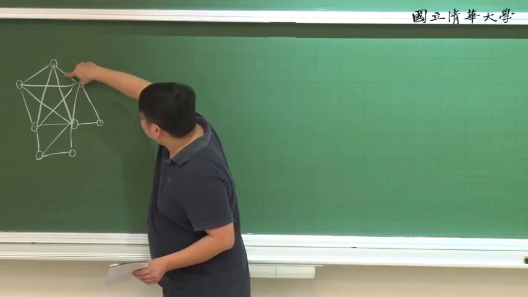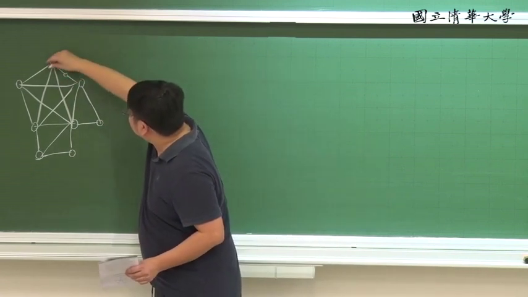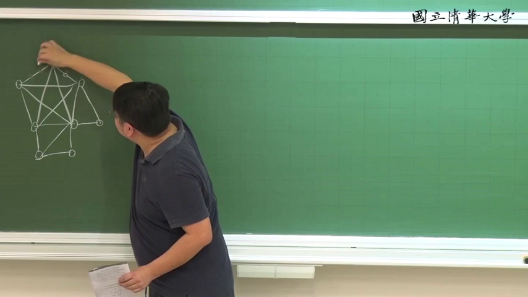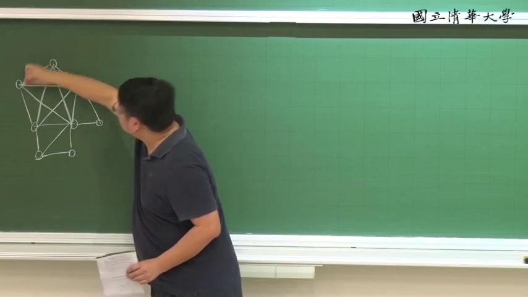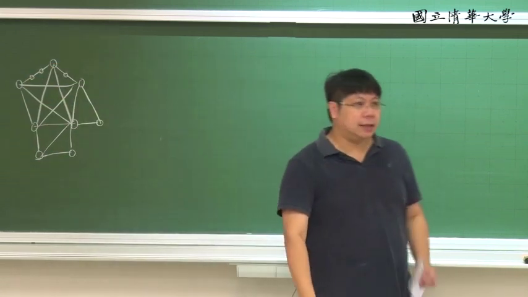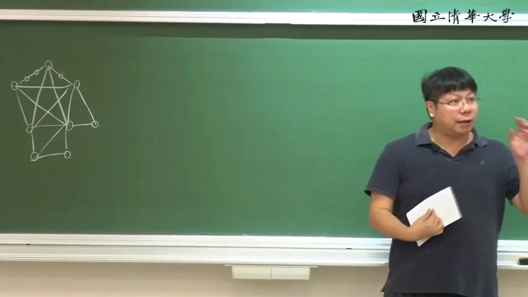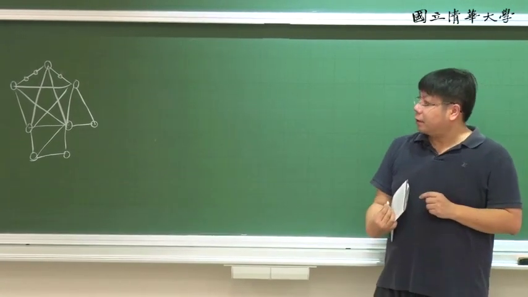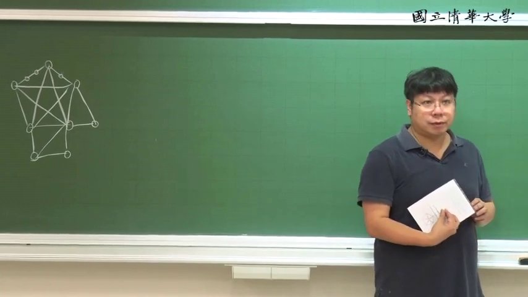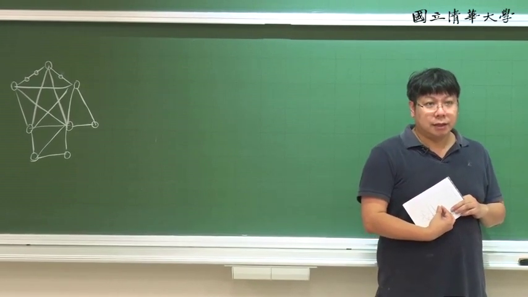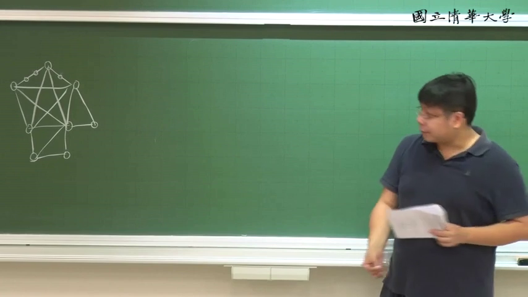Now, let us add a vertex here. Let us add some vertices here. So these are some subdivision operations. Is that okay? Now, adding these two vertices, by our intuition, still cannot make this graph planar. But I don't know how to prove this.